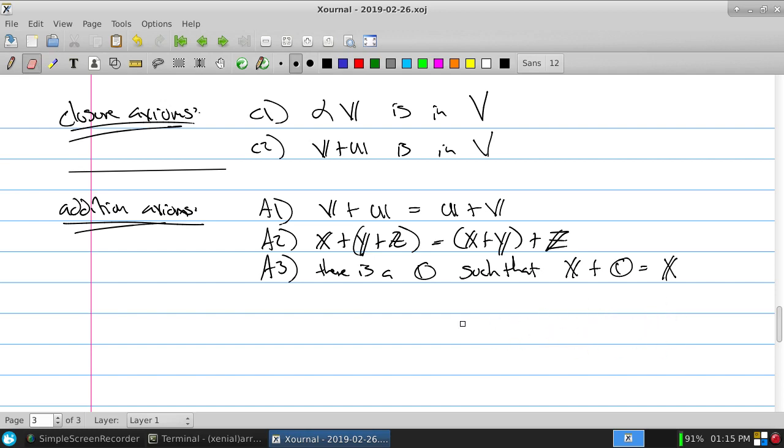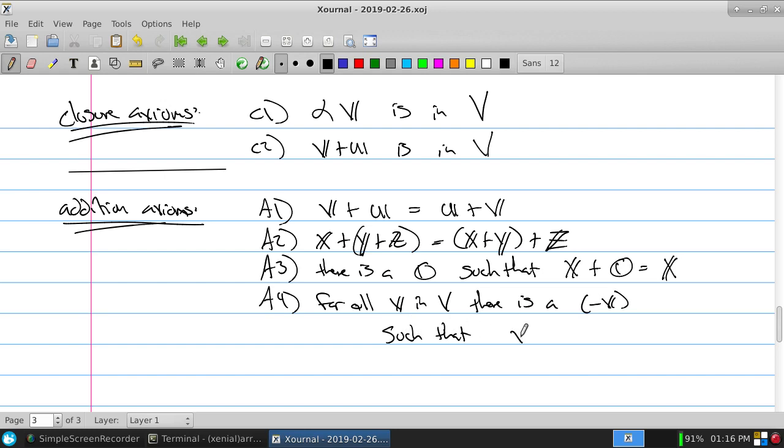If you have a zero object, and here comes the fourth guy, for all vectors in the vector space, there is a minus vector such that the vector plus the minus vector is the zero object, which is called the additive inverse.